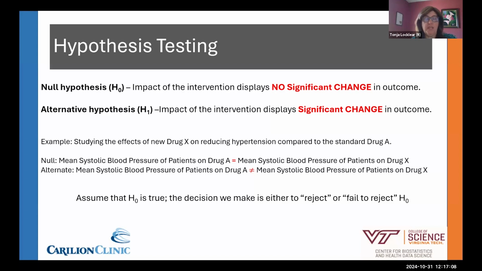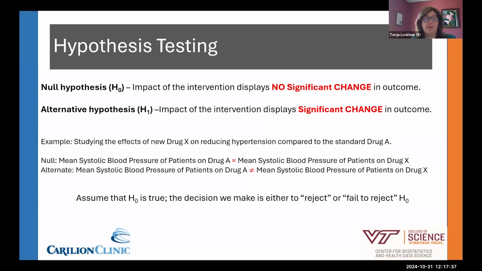So if you're looking at a study where you're comparing a new drug being tested for, let's say, hypertension, then your null hypothesis would be that there is no difference in that particular drug's impact on hypertension compared to the standard of care with drug A. That's the one that's been used most often or has been used in the past.